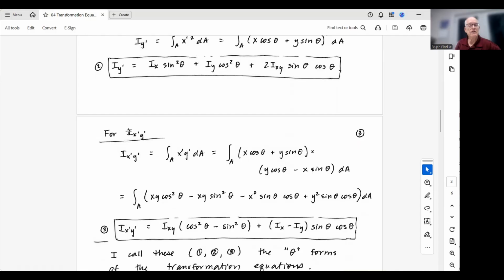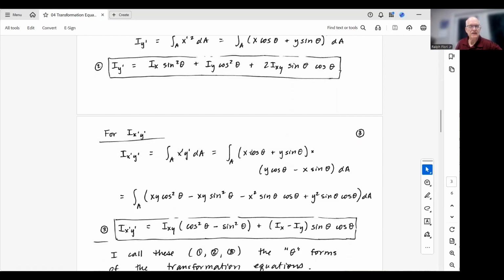Finally, for the product of inertia in that rotated system, Ix prime y prime is equal to the integral over the area of x prime y prime dA. Well, this is x prime, this is y prime. If you multiply those up, you get 4 terms. You get an xy cosine squared theta.